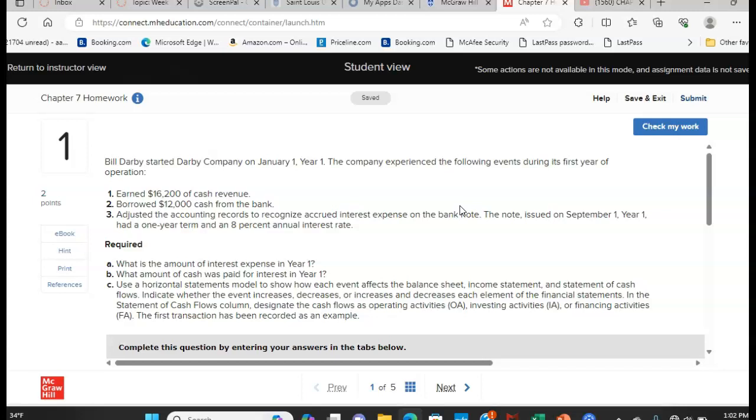And from September 1st through December 31st, you've got September, October, November, December, which is 4 months. So your time factor is going to be 4 divided by 12. Again, take 12,000 times 0.08 times 4 divided by 12 and tell me how much you calculate for the year 1 interest expense.